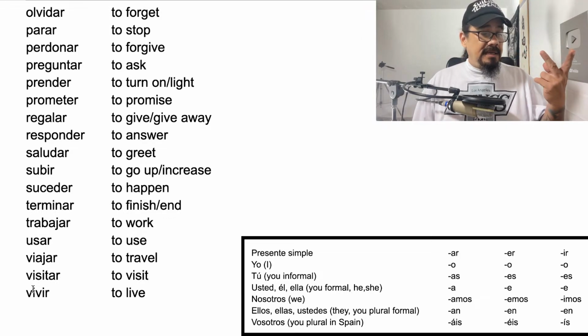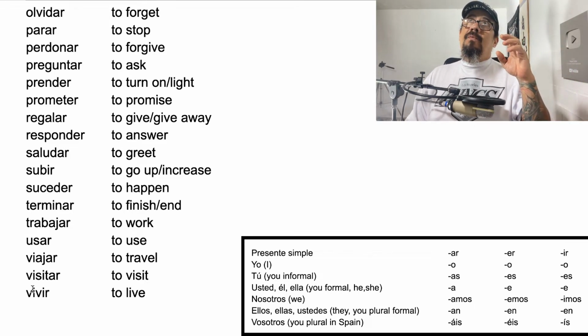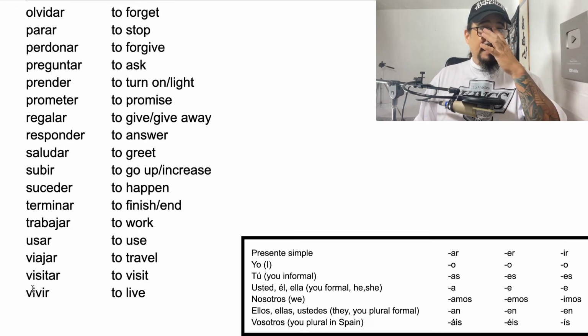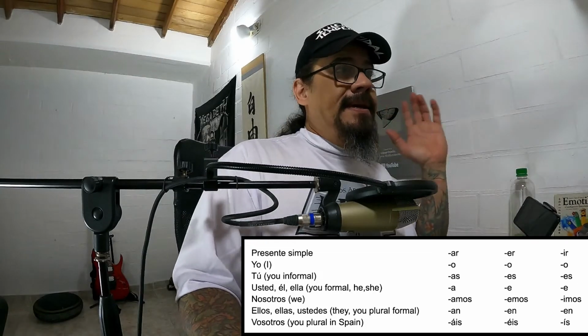Luckily, we're going to do that in 2 more classes. And those would be our 6 live streaming classes in which we are practicing regular verb conjugation. That would be it.